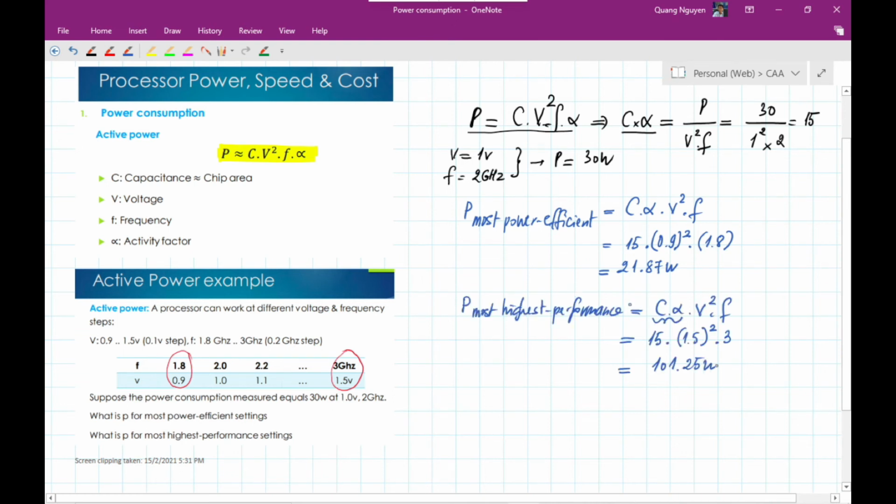The difference between the power consumption at the highest performance and the most power efficient is quite large, right? From around 20 to 100, that means 5 times higher.